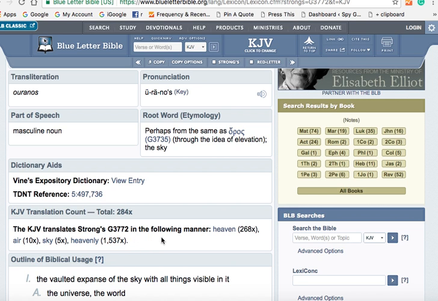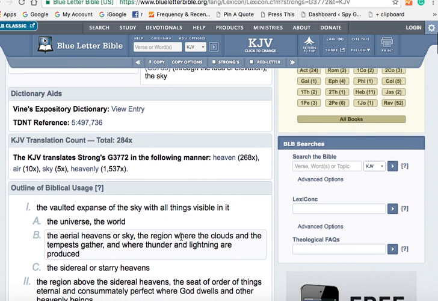So I guess if you look up heavenly, you're going to find the word in the Greek that number of times. And its definition refers to the vaulted expanse of sky with all things visible in it, talking about the heavens above and the word as we know it today.